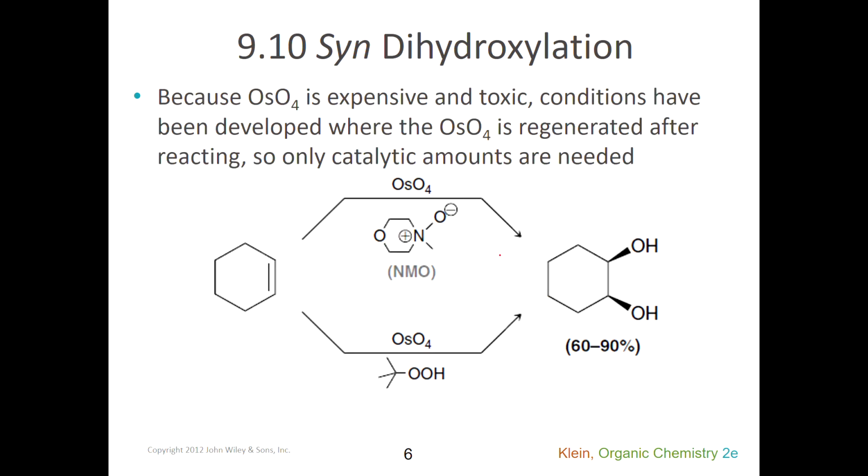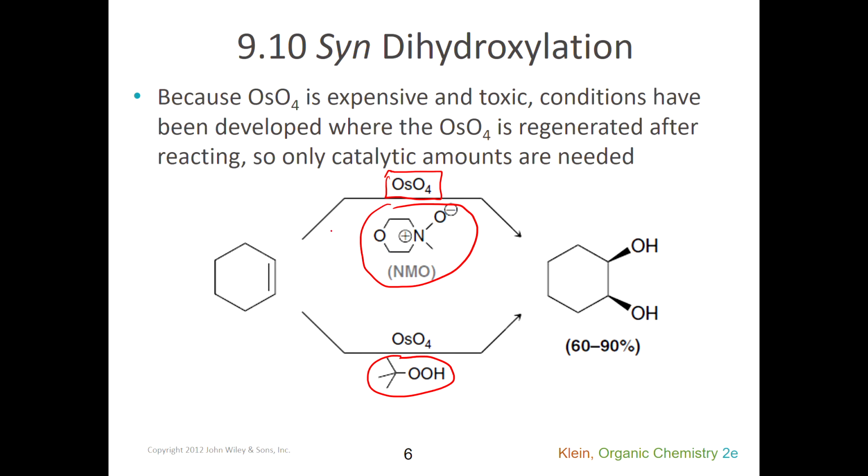There are a variety of other substances that can be used along with the osmium tetroxide. These 2 particular reagents, this is a catalyst. Actually, it's not a catalyst. It's actually consumed itself. It actually makes the osmium tetroxide into a catalyst by regenerating it. So it's an expensive reagent, and we don't want to use a lot of it.